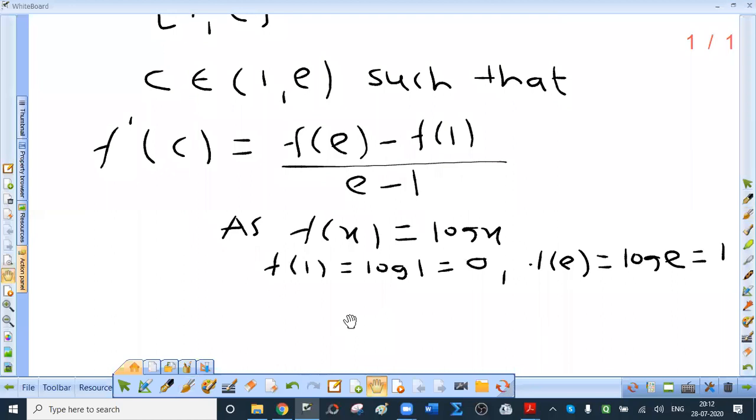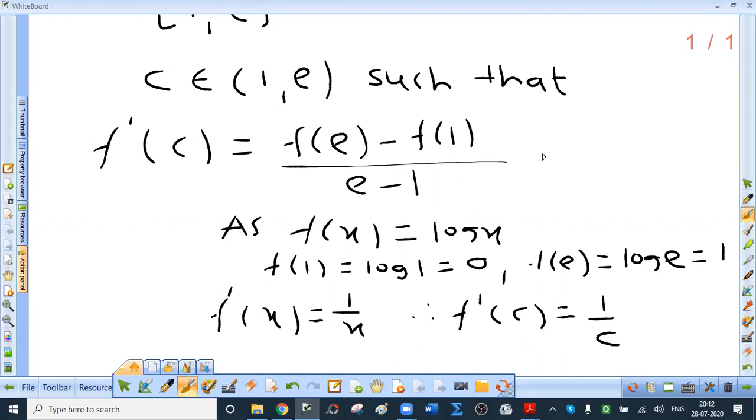Okay. Similarly, what is f dash of x? Derivative of log x is nothing but 1 upon x. Therefore, f dash of c is nothing but 1 upon c. I can give number 1 to this.